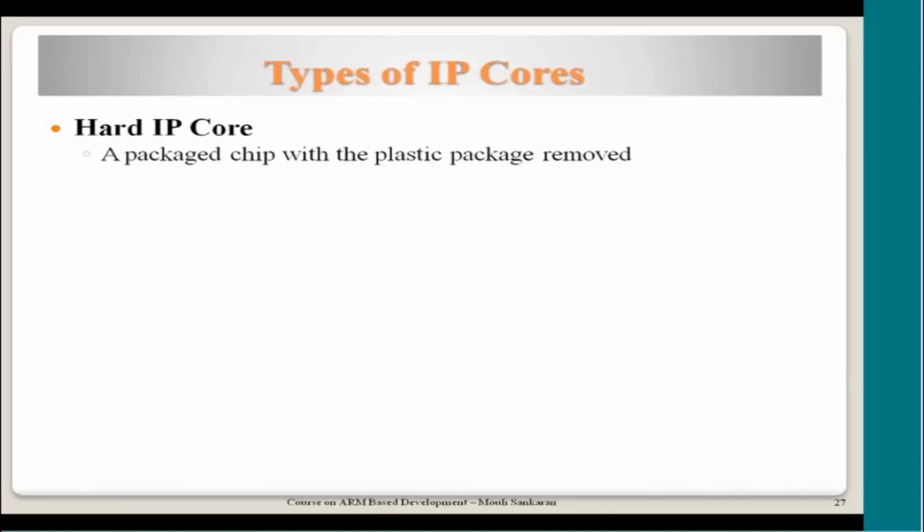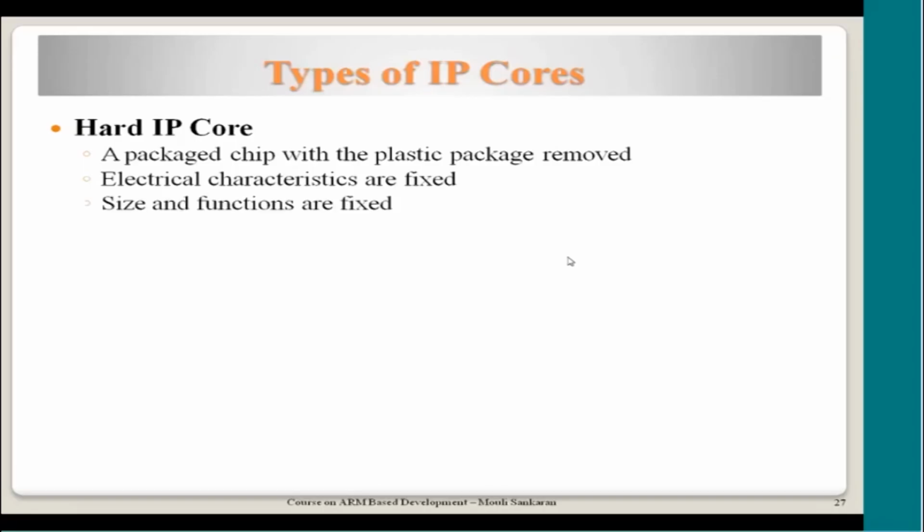Now there are two types of IP cores. One is a hard IP core. What I mean by that is that a chip is completely built, even excluding the plastic package around it. So this can be used as a single entity in any other design. Because of this, the electrical characteristics are fixed when this IP core comes out of ARM, or any company doing business in hard IP, and their size and functions are fixed because the technology they have used for building this chip is already done and the chip is ready.